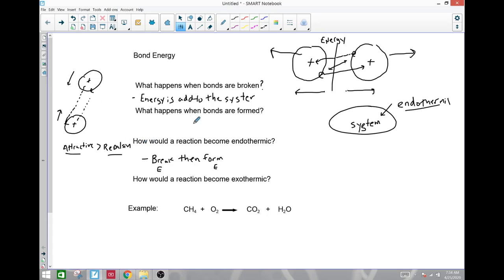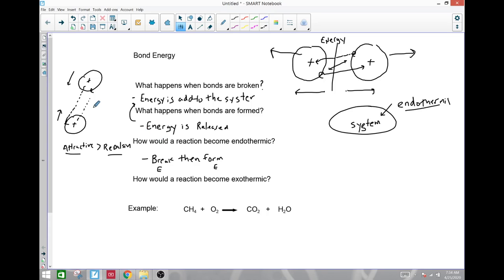So I don't have to do anything. I don't have to invest anything. In fact, when they attract, energy is released. The energy that's released is the same amount of energy that you would need to invest if you want to break it.